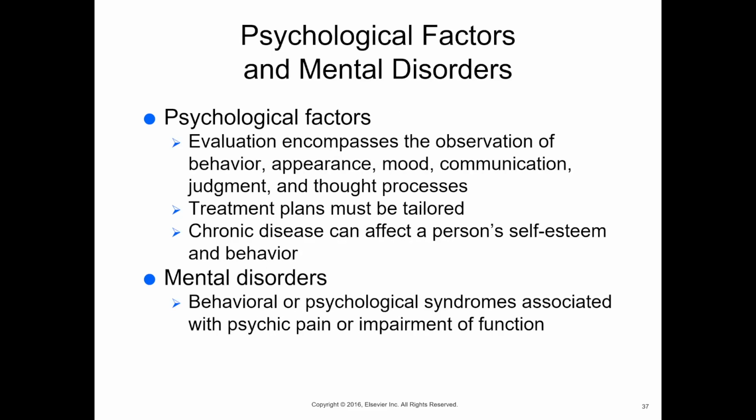Psychological factors, again, I think at this point it's well understood that our mental health is heavily related to our physical health, and there's also a very interesting relationship between our digestive system and our mental health. That's primarily because of the bacteria that naturally live in our digestive system.